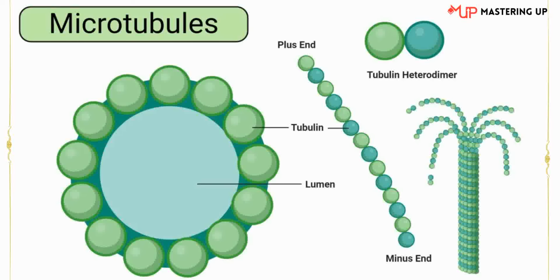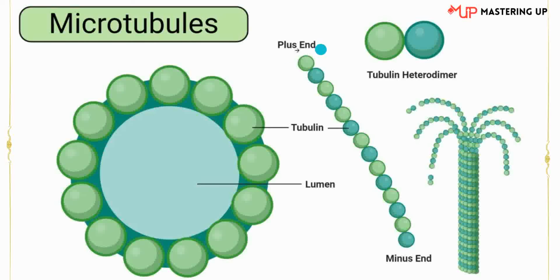The microtubule has a polarized structure with two distinct ends. First one is the plus end, another one is the minus end. The plus end is where growth occurs more rapidly through the addition of tubulin dimers, and the minus end, which is usually anchored and grows more slowly. As you can see, this is the plus end.